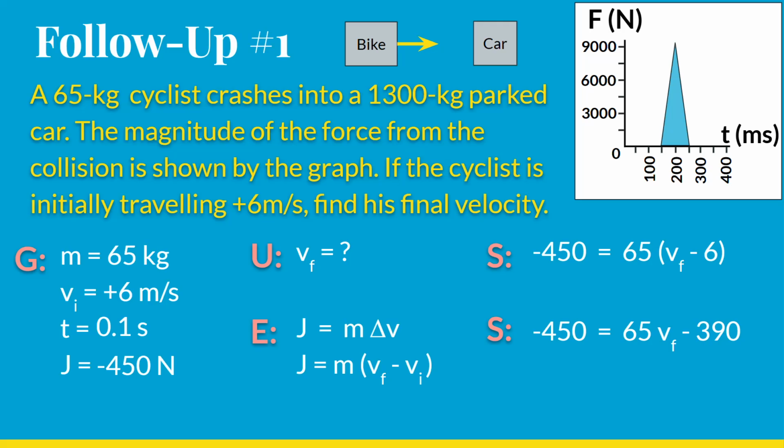From here, I'm just trying to solve for VF. I need to get it by itself, so I'm going to add 390 to both sides. When I do negative 450 plus 390, I get negative 60 equals 65 times VF, and then we're going to divide both sides by 65 to get a final velocity of negative 0.923 meters per second.